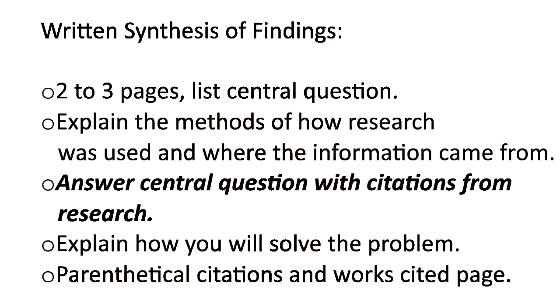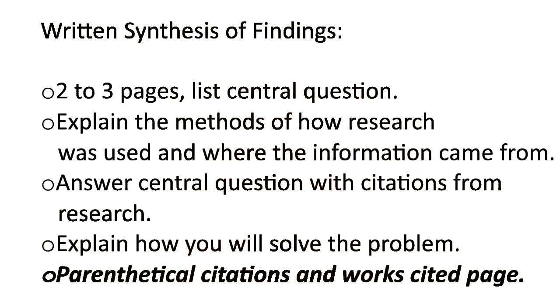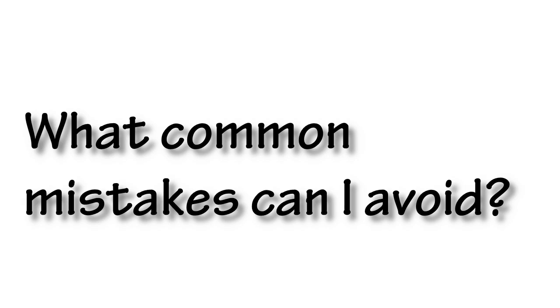Get some facts and figures and use some statistics or some strong quotes from experts. After you find your sources, make sure at the end of your paper you have a works cited page. So if you are paraphrasing work from an expert, or if you have a direct quote, make sure that you cite that properly. This should be really easy for you since you've already done the annotated bibs.